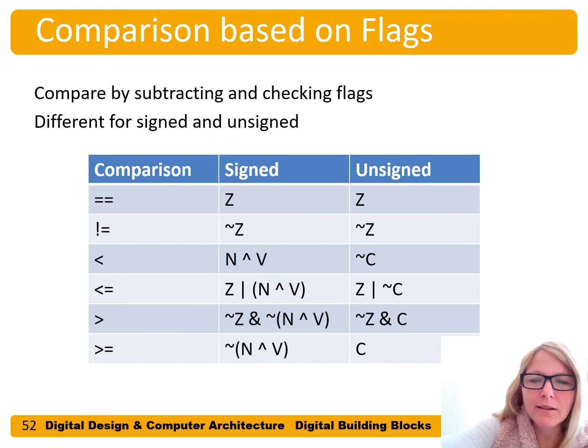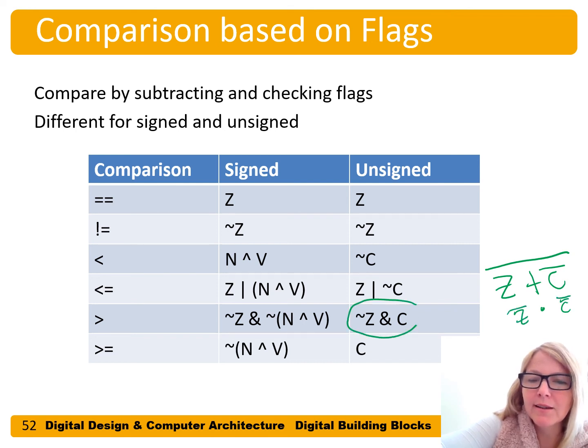And same thing here, put a bar over that, and we get greater than, whether A is greater than B. And so Z or C bar, well, that would be less than or equal to, so we want greater than. We invert that, perform De Morgan's, that OR turns into an AND, bring down the terms, and then put the bar over each of the terms, and we get not Z and C.